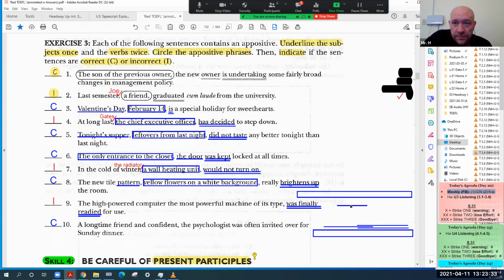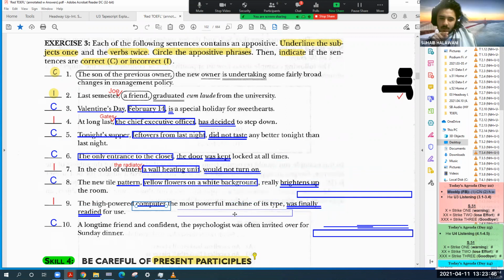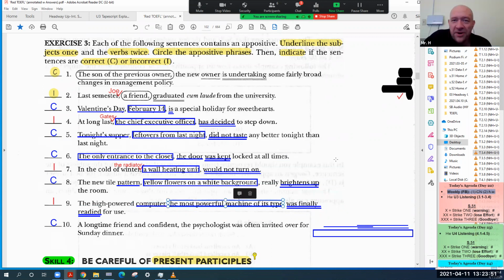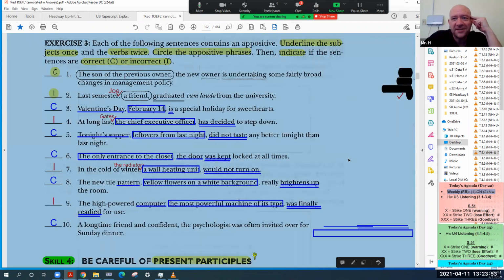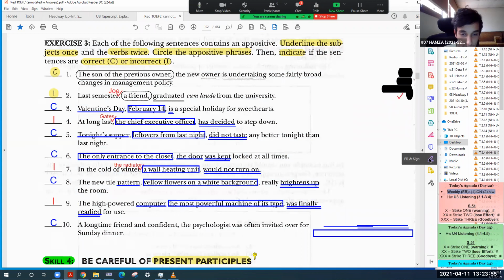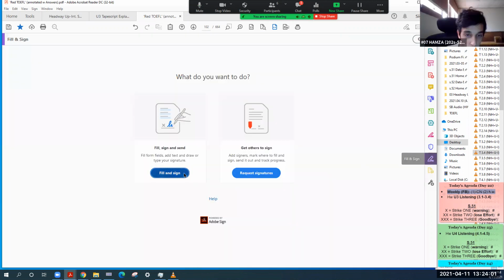So where is the subject in this example? The high-powered computer. That's right. So where do I put this box? In the middle, the most powerful machine of its type. So where's the problem in number 9? It's a small thing, a comma. Very small problem.